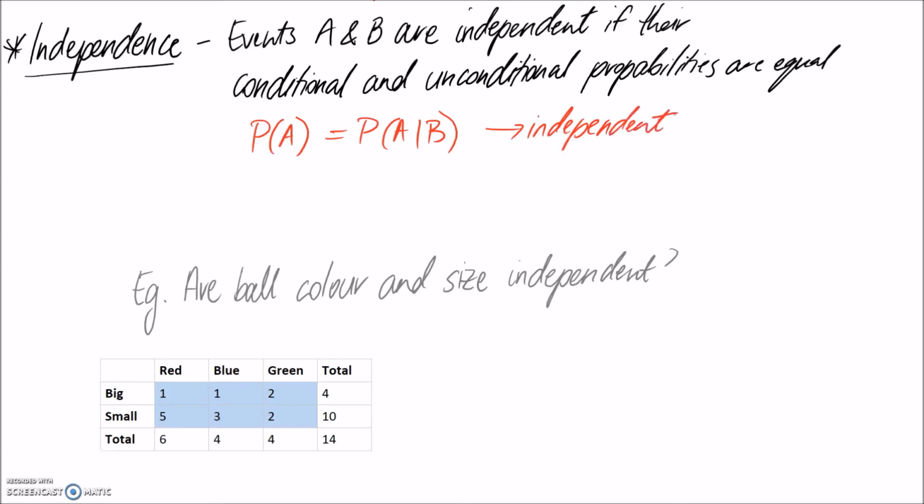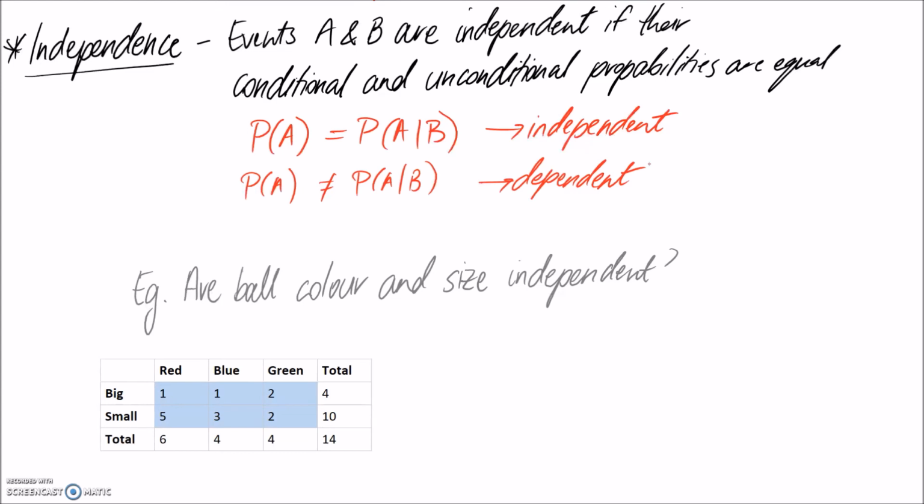The two variables are independent of each other. However, in the other case, where the unconditional probability and the conditional probability are not equal to each other, then we have a dependent case. So A is dependent on what B actually is.